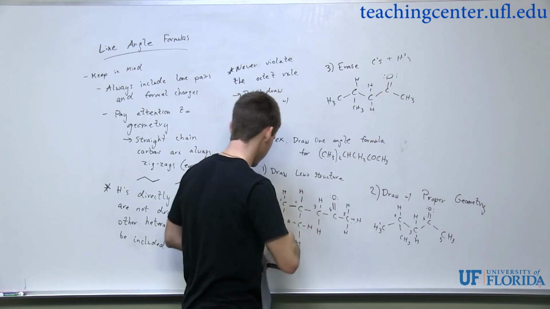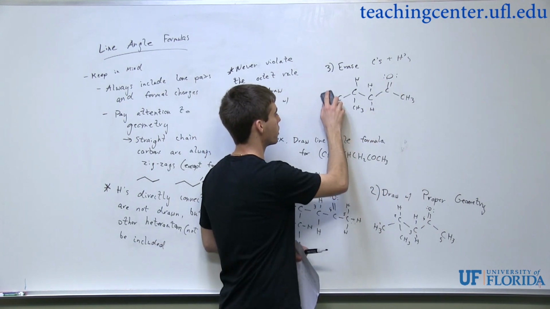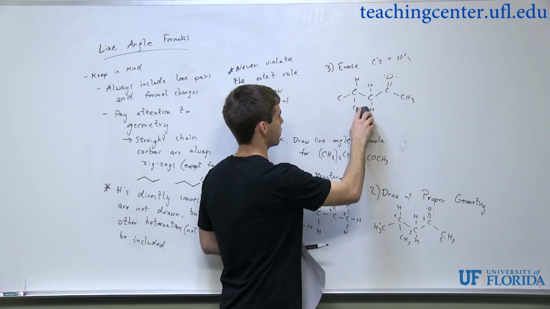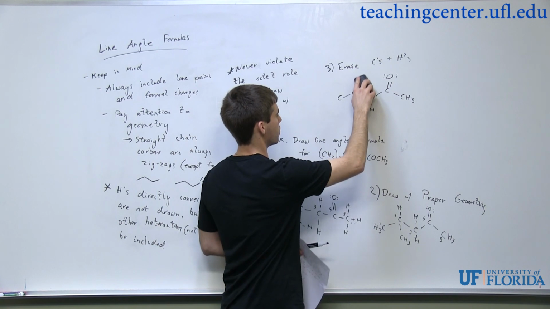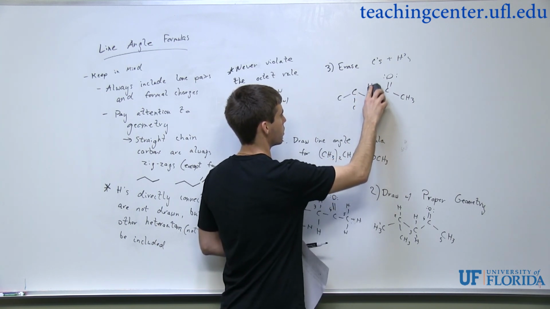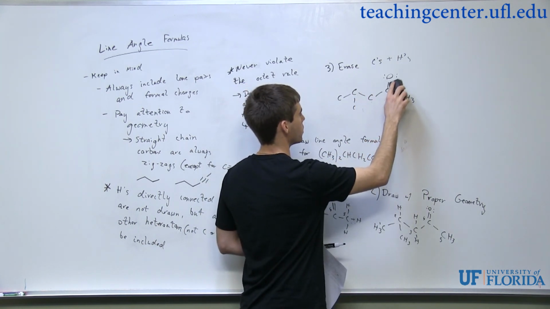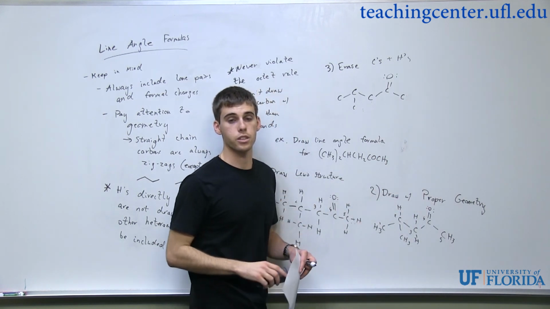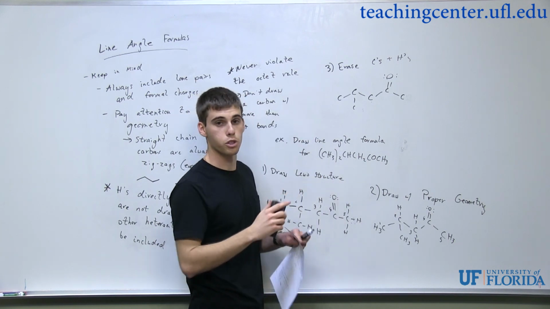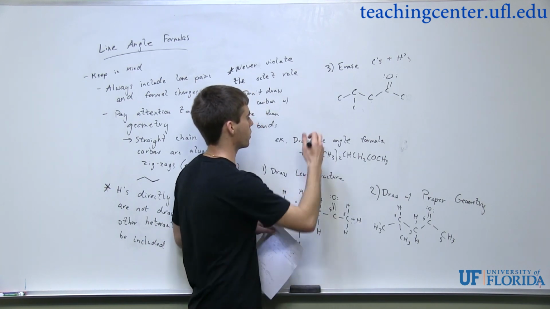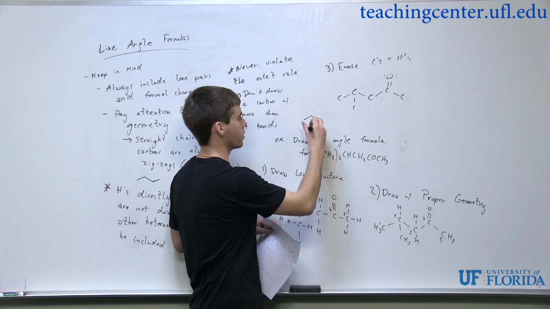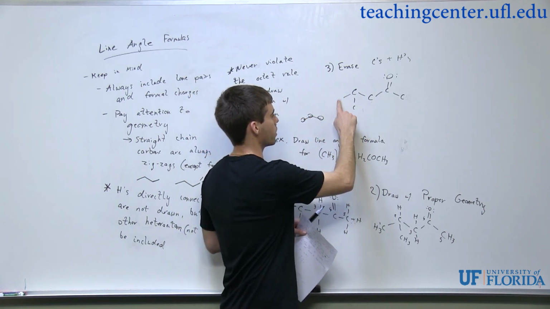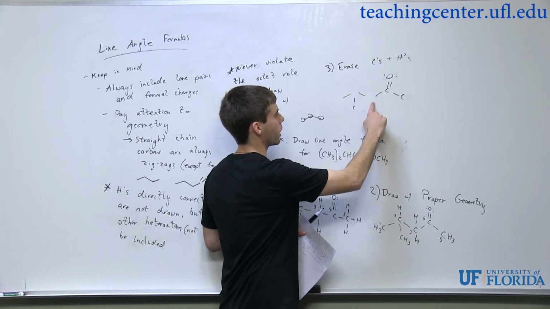Okay, so I'll start by erasing these hydrogens. And now I'm going to erase the C's, and as I erase the C's, I'm just going to connect, because every time you see a point like this, it is a carbon, so 1, 2, 3 carbons. So I'm just going to erase those and then connect.